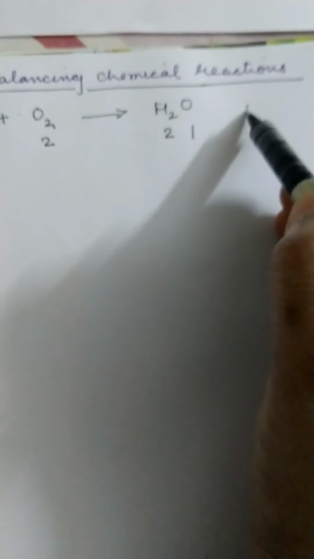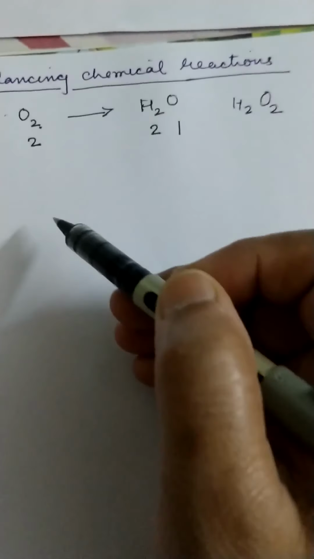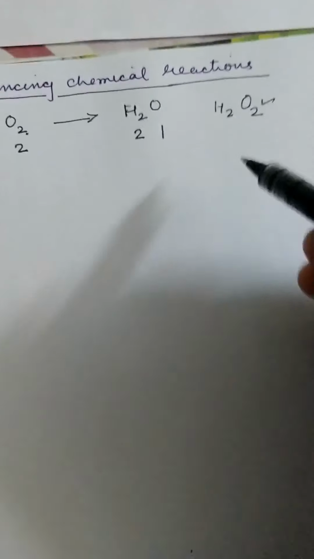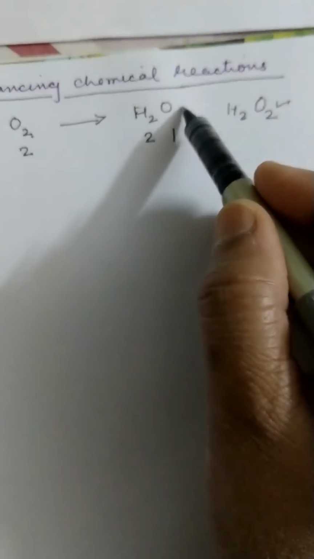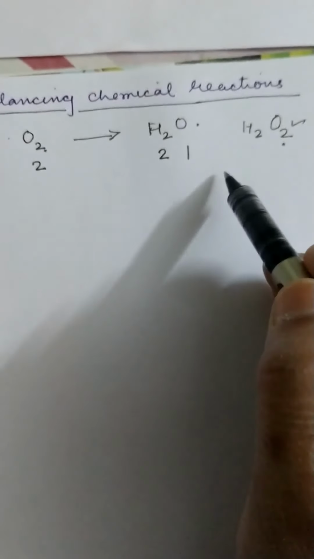Say, for example, if I write H2O2, it means I am increasing the number of atoms over here. This compound is water and this compound would be hydrogen peroxide. So it's wrong. Then what should we do?